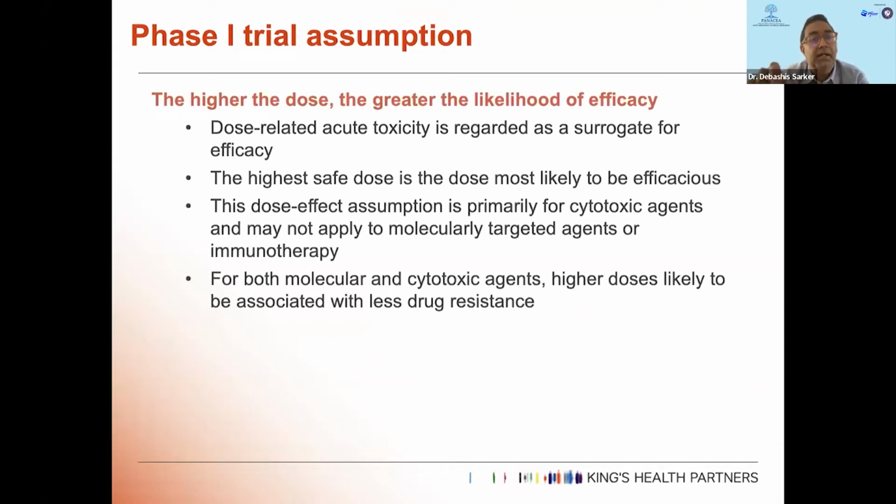However, for both molecular and cytotoxic therapies, higher doses of drugs are likely to be associated with less resistance. So this is really about how you try and push the dose, not only because we assume the higher the dose, the higher the chance of efficacy, but also about trying to reduce the impact of resistance, certainly for molecular and cytotoxic therapy. Immunotherapies are different, and I'm not going to cover that here today, but immunotherapy has different principles when it comes to phase 1 dose escalation.